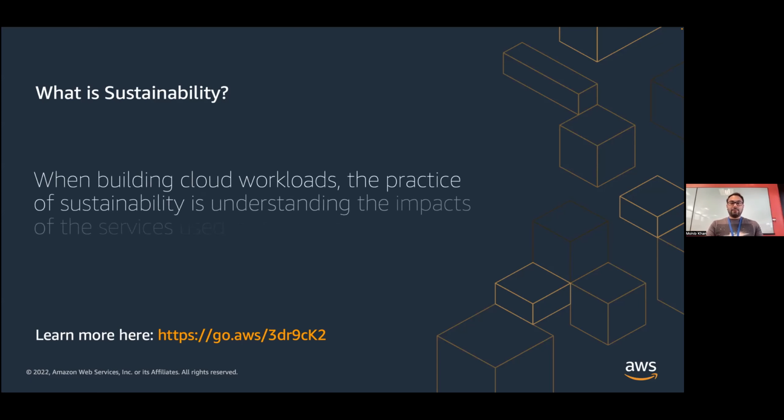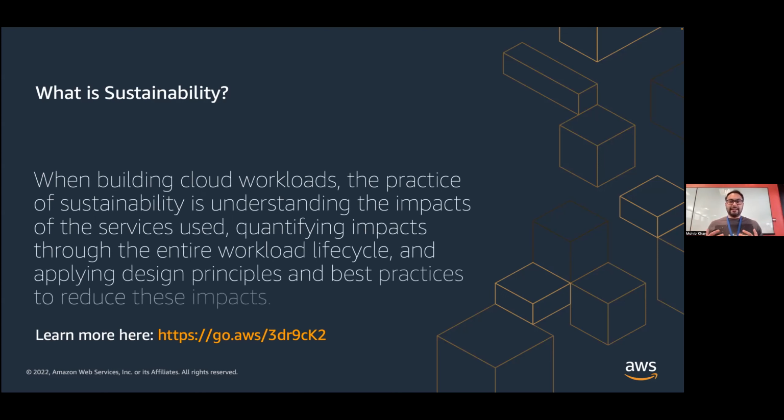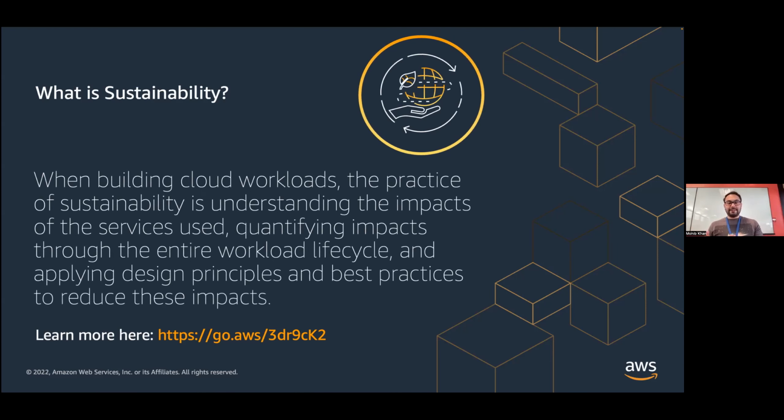What we are going to focus on today is mainly the environmental aspects, especially energy consumption and its efficiency, as this is an important lever for architects in improving and reducing the resources that you use on AWS. By resources, I mean the AWS services that you're going to use. For example, if you're just going to use basic virtual machines, what kind of compute resources are we going to use in order to optimize our energy consumption?